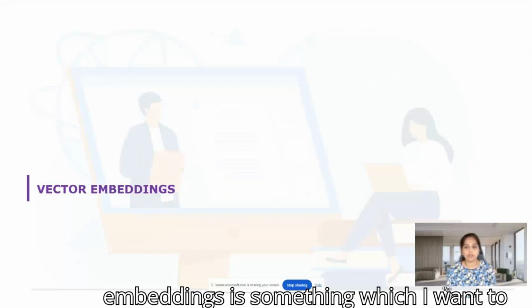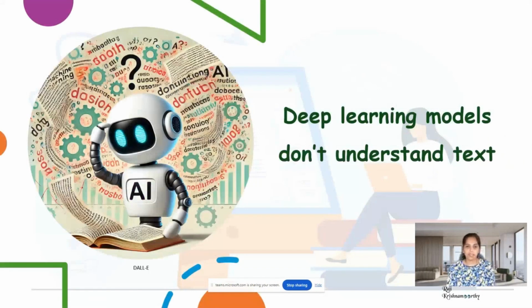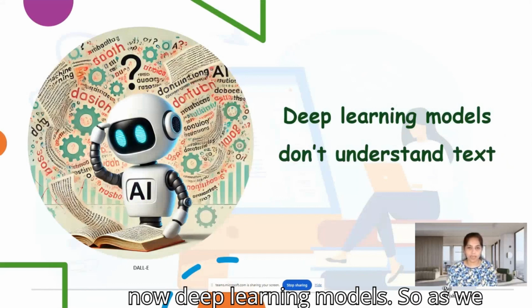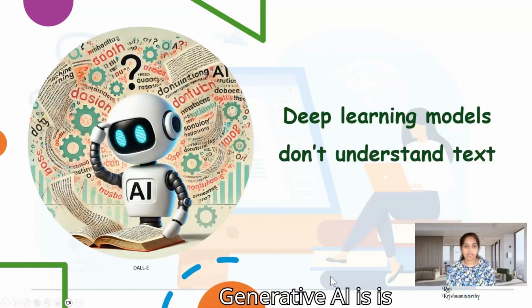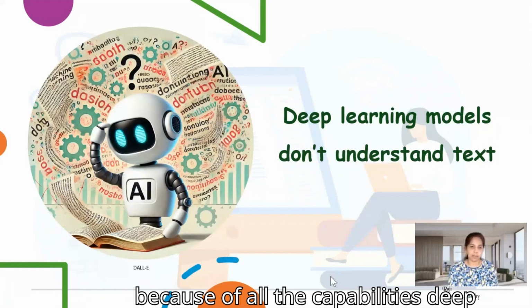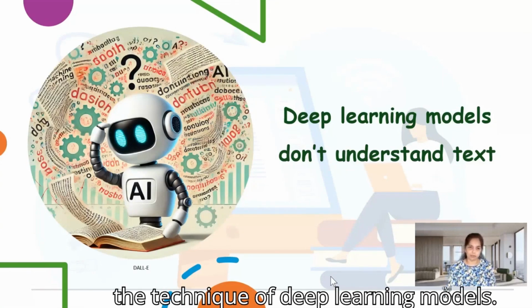Vector embeddings is something I want to start today's session with. Now, deep learning models. As we discussed last week, generative AI is possible because of all the capabilities deep learning models have. It's one of the techniques of deep learning.